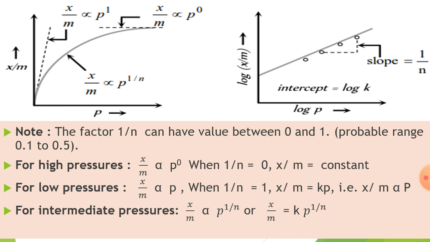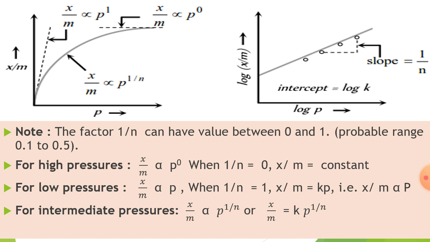Now dear students, some notable points about the Freundlich adsorption isotherm. Here the factor 1 by n can have a value between 0 and 1. Their probable range is 0.1 to 0.5. Now this graph indicates three types of pressure.